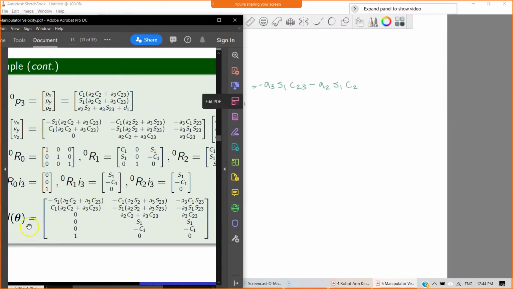So this part here is df d theta 1, right? So minus s1 a2 c2 minus c23, right? Correct?